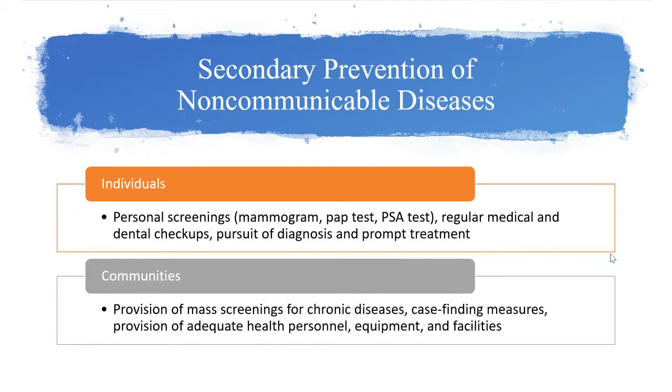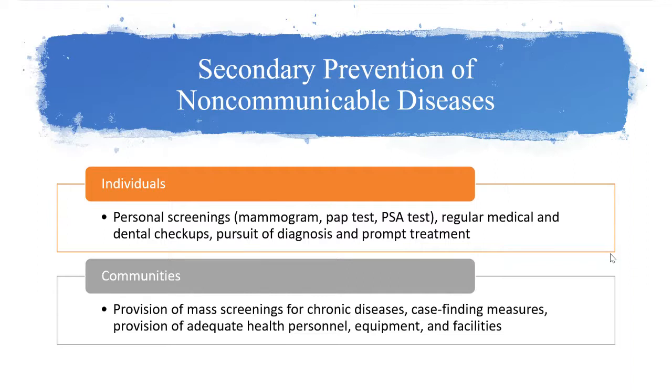Because the earlier you catch something, the better your outcomes are. For communities, it could be providing mass screenings for chronic diseases. Oftentimes, there are screening programs offered free of charge to help identify early cases to be able to treat them at an early time.